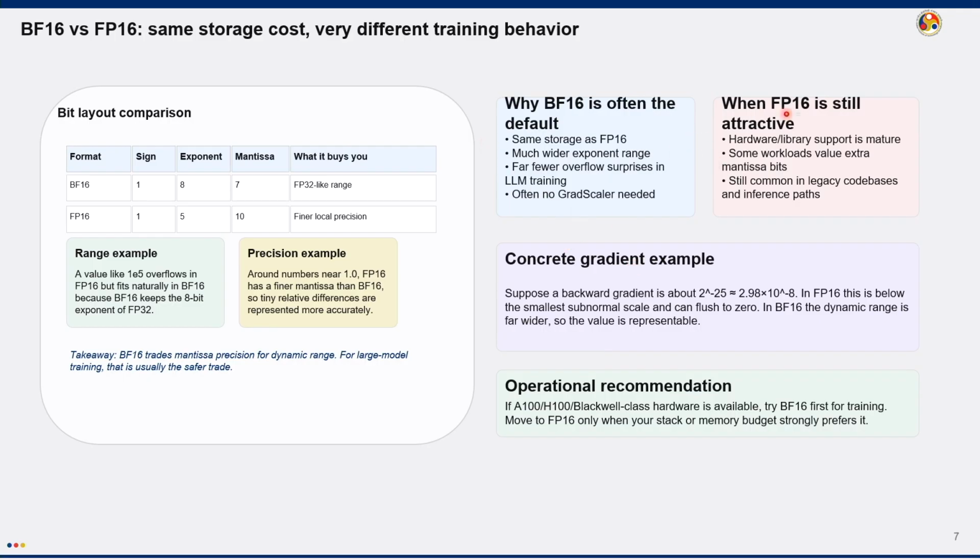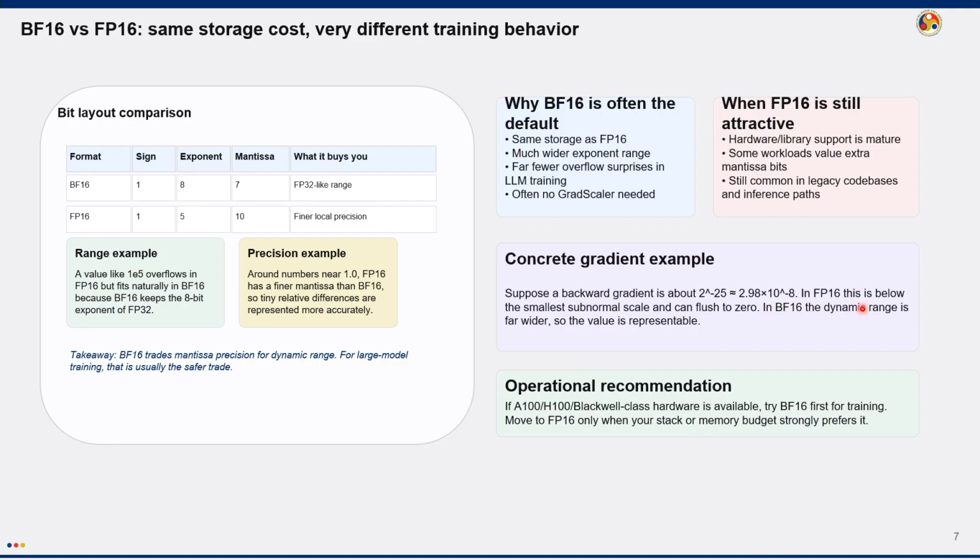However, sometimes you need to go for FP16. Today we will show that if we go for the earlier series of GPUs, we have no choice. Here is an example with a gradient. The gradient is about 2 to the power minus 25. In FP16, this is below the smallest normal value it can support, so it will flush to 0 because underflow is happening.